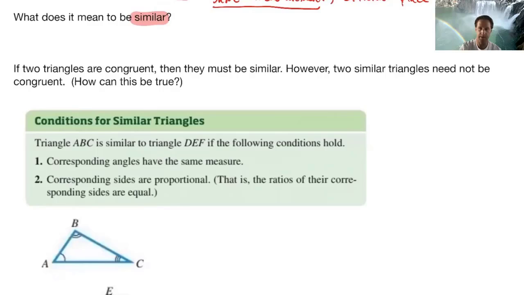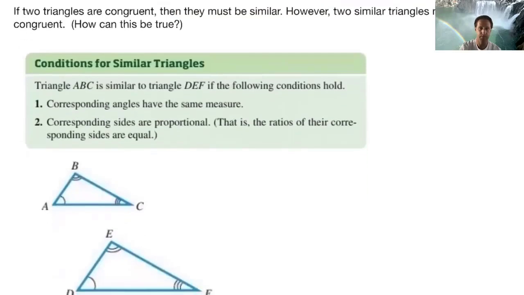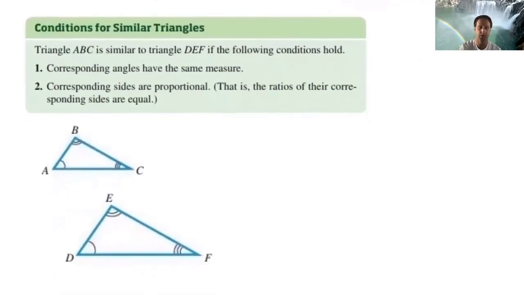So down below, I have an example of two triangles. And as you can tell, they are very similar looking, no pun intended, but they are definitely not the same, congruent. One is much larger than the other. But if you notice, angle A and D are the same. B and E are the same. And C and F are the same.